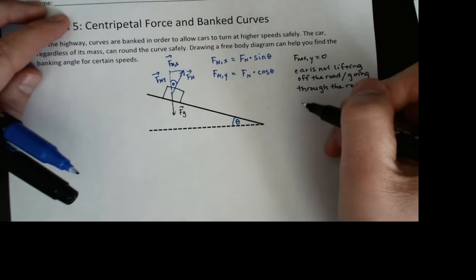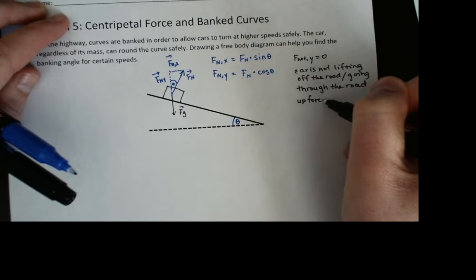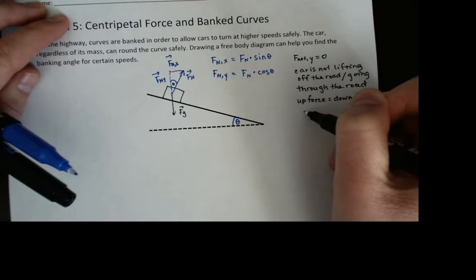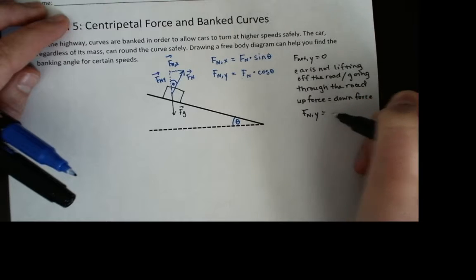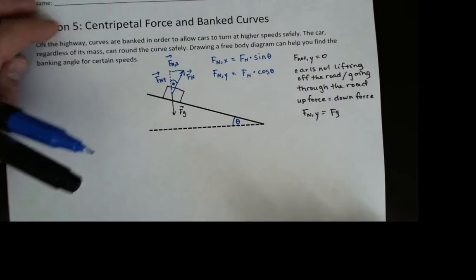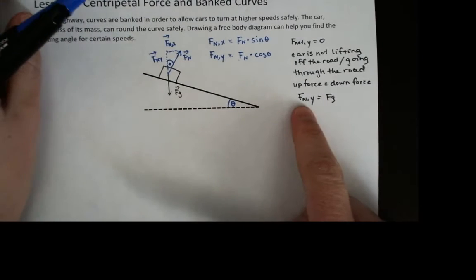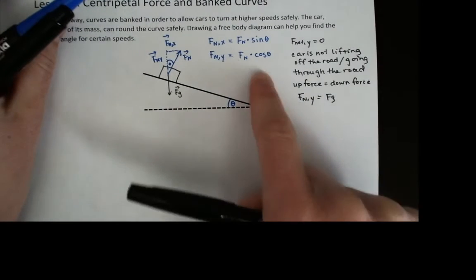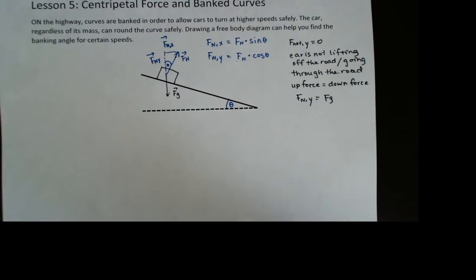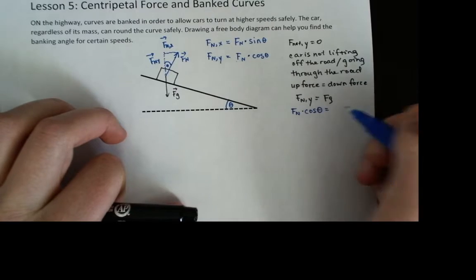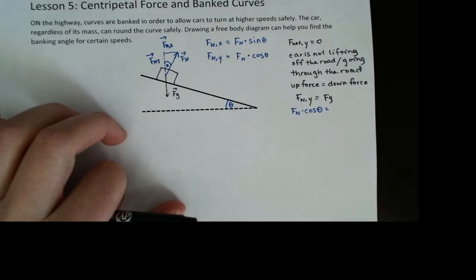So up force has to equal down force. The up force is Fn in the y, which is equal to Fg. Now we can write a different expression for Fn in the y: Fn times cos theta. And Fg is really just mg.